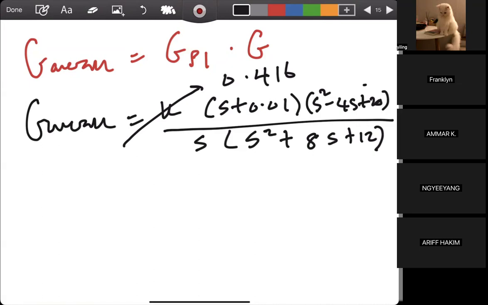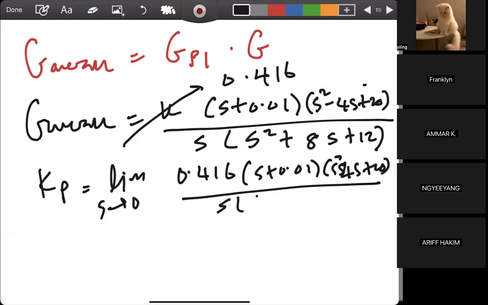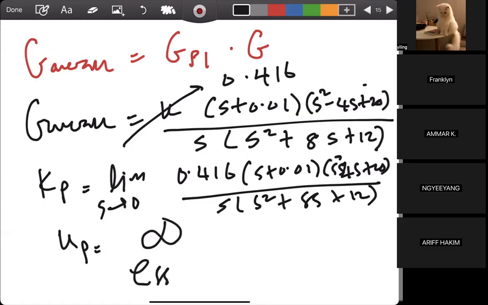Okay. So Kp. Now you have to calculate for the Kp, which is 0.416. Okay. So you replace, Kp will become infinity. Then the error is 1 over infinity equal to 0.